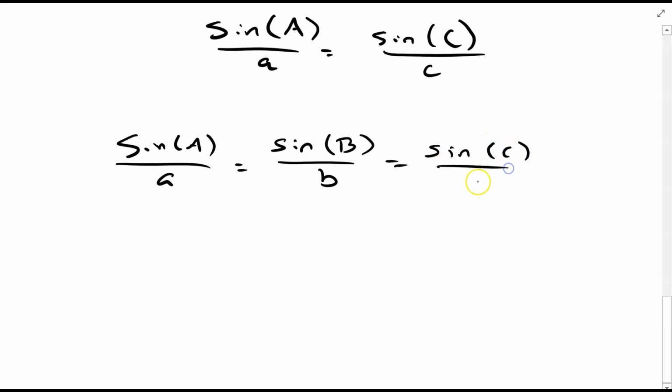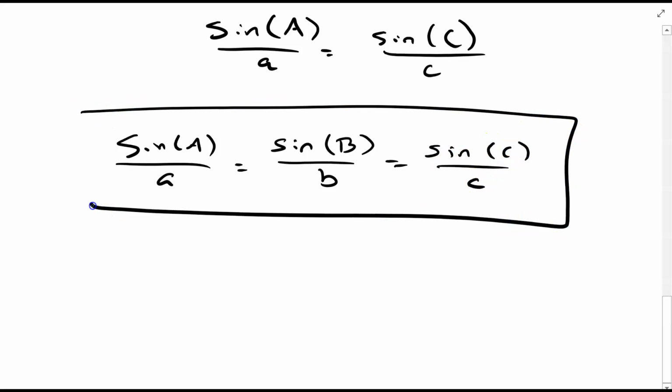But what it boils down to is this. That is our law of sines.